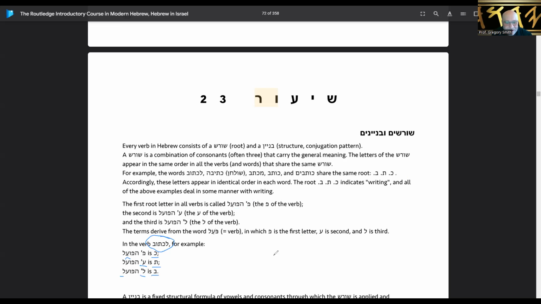So it's like katav, the root would be like that. Okay, and all of this is part of this hapuel, which basically represents the root system.